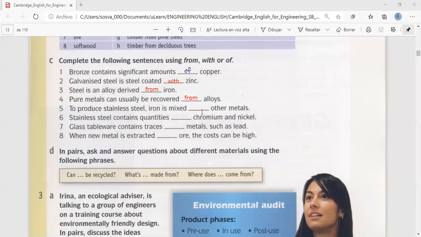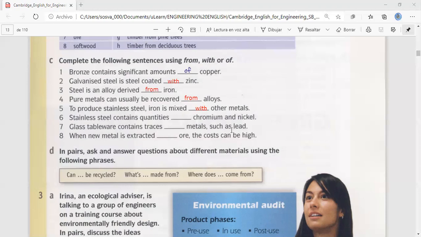To produce stainless steel, iron is mixed with other metals. Correct. Number 6 is stainless steel contains quantities of chromium and nickel.